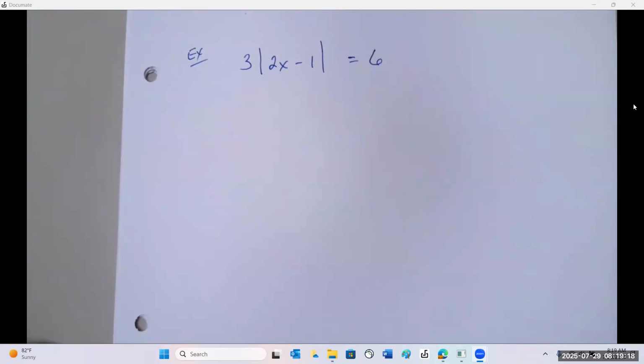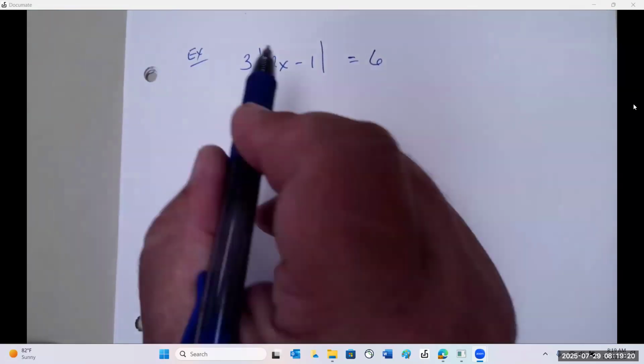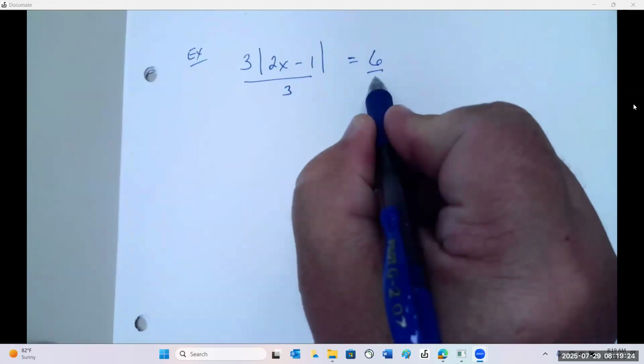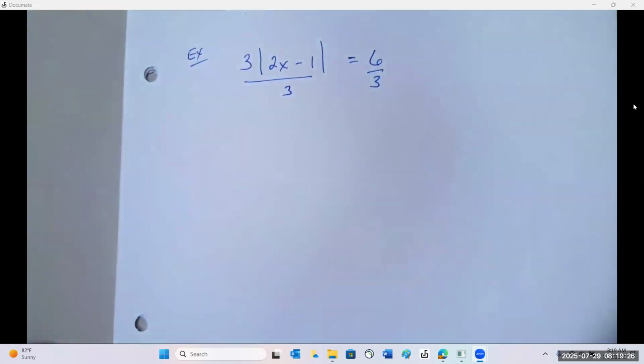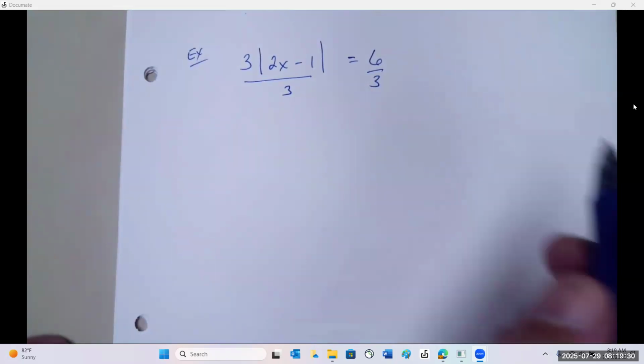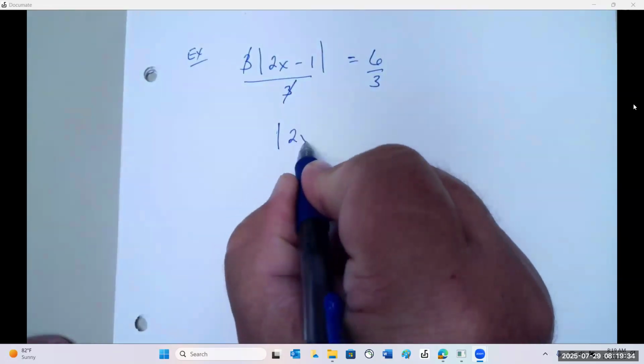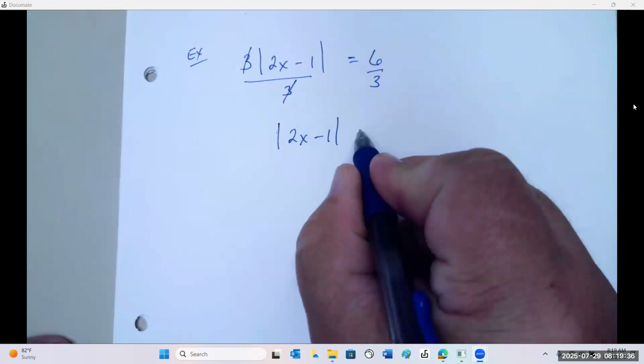Divide by 3, because 3 is multiplied to this. So I divide by 3. 3's cancel. Now I have the absolute value isolated.